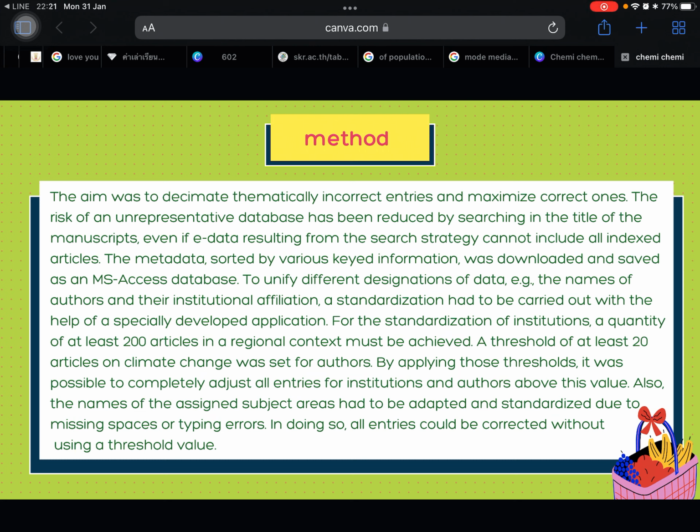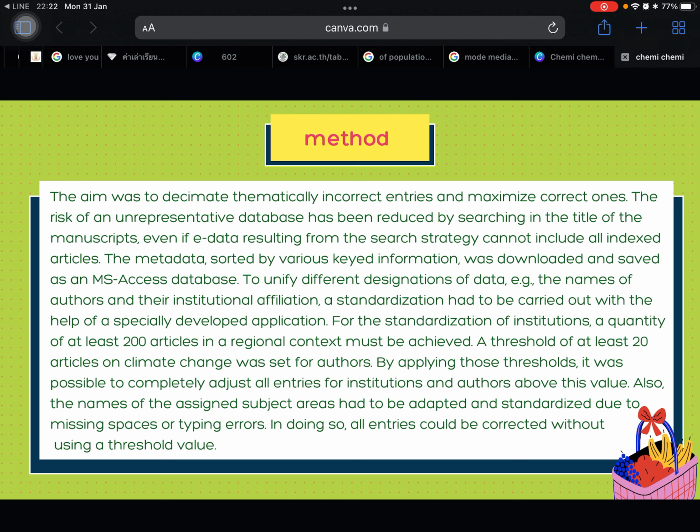The names of authors and their institutional affiliation standardization had to be carried out with the help of a specially developed application for the standardization of institutions, a quality of at least 200 articles in a regional context must be achieved.